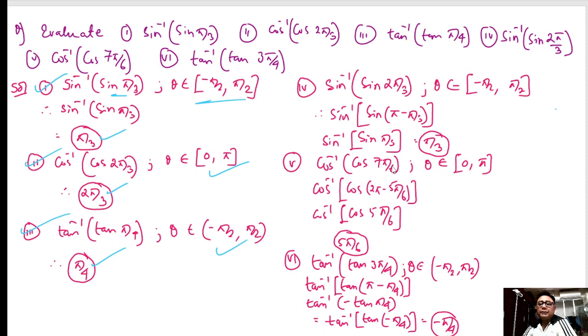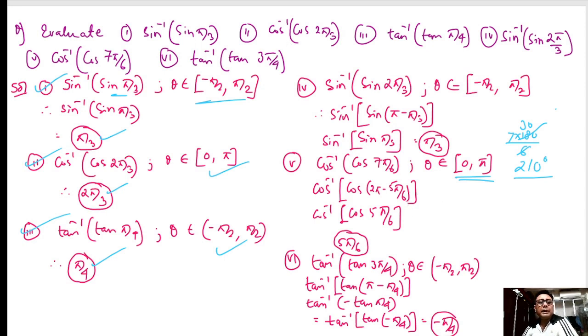Cos inverse cos 7 pi by 6 will be 7 pi by 6. It has to lie between 0 to pi. What is 7 pi by 6? 7 into 180 by 6, which is 30, so 210 degrees. Does it lie between this and this? Definitely not. So I have to do 2 pi minus 5 pi by 6.